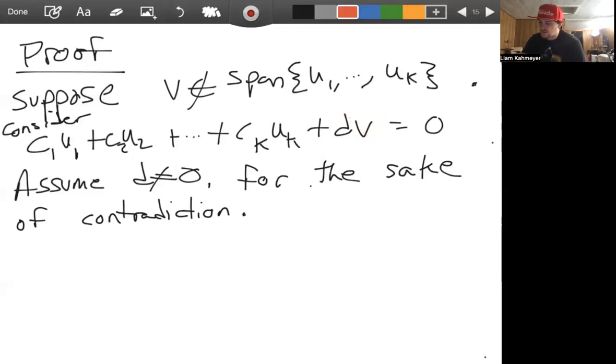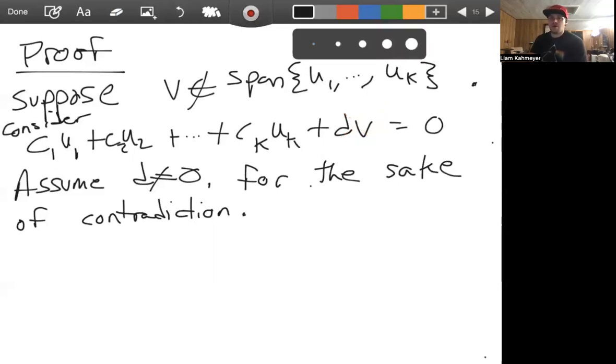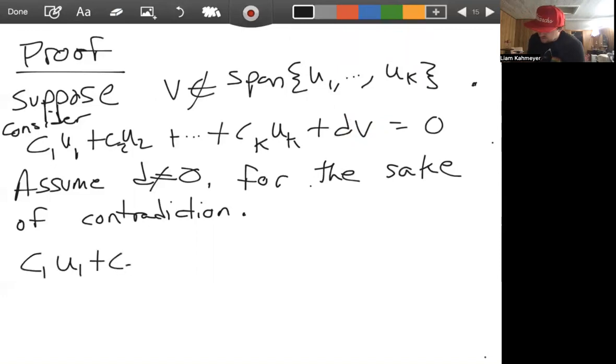So we're going to unearth a contradiction from assuming that d is non-zero, which would mean that this is not a linearly independent set. Well, if we assume that, then we can write c1 u1 plus c2 u2 plus and so on, plus ck uk is equal to negative dv.